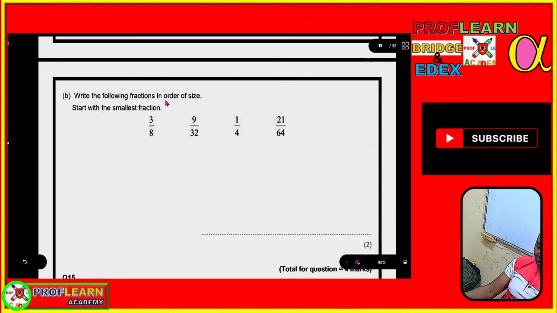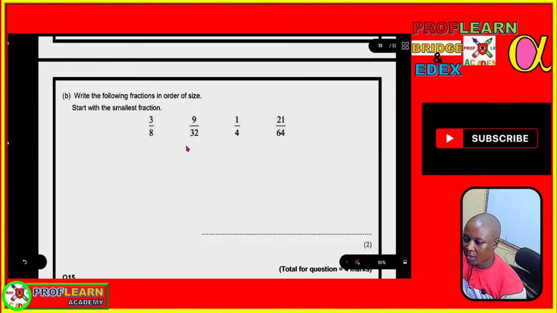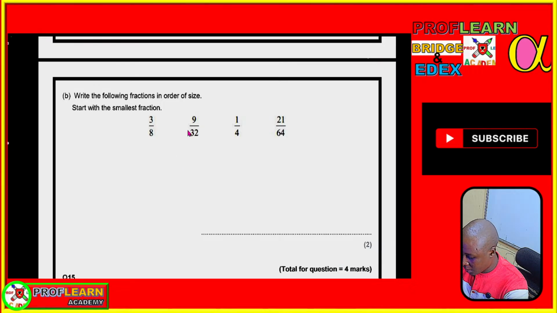Write down the following fractions in order of size. First we are going to convert them to either percentages or decimals so that we can know how to arrange them. If you take 3 divided by 8, as a decimal this is going to be 0.375.